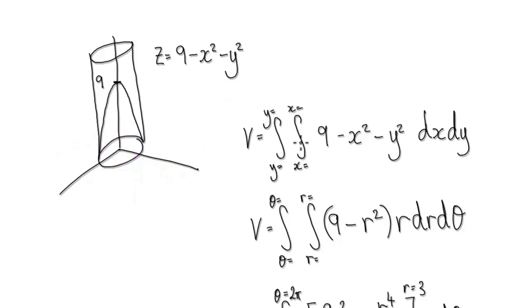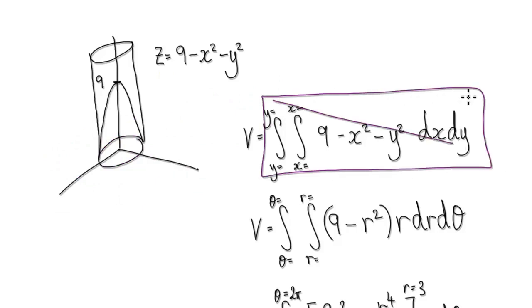Anyway, we could use this, but let's use polar coordinates, because you've got x squared plus y squared here, and you're integrating over a circle, so it makes sense to use polar coordinates.